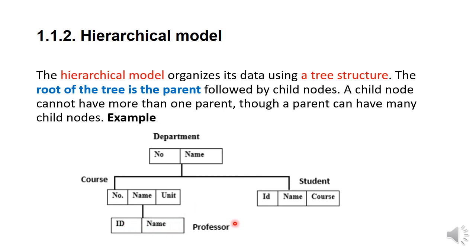In other words, this is a database model where we have only one root, and these are the children tables, and you see that every table here has one and only one parent. So this is what we call a hierarchical database model.